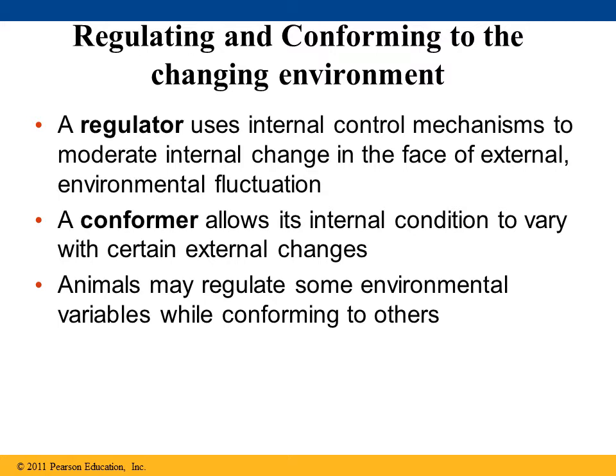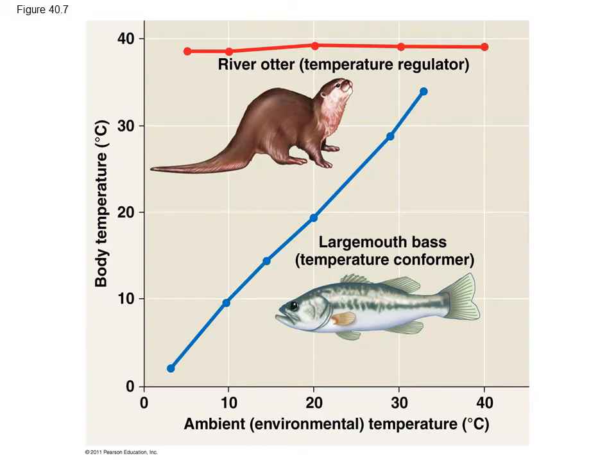An organism that is a conformer allows the internal condition to vary with the external changes. So the internal conditions will change as the outside changes. Animals may regulate some environmental variables while conforming to others. Here we can see that the river otter uses a regulator to keep its body temperature constant, while the bass's internal temperature changes with the environment.